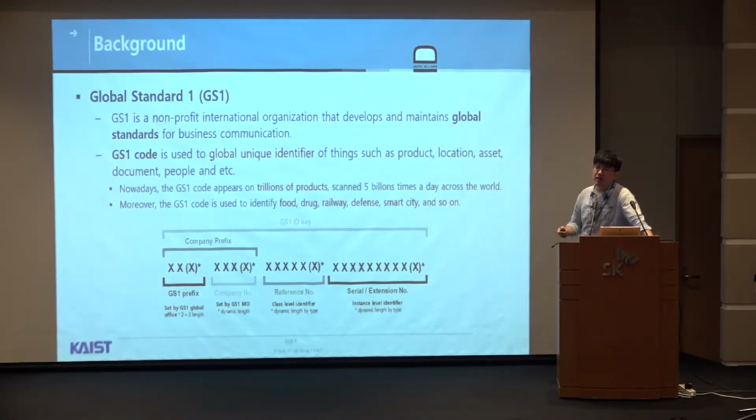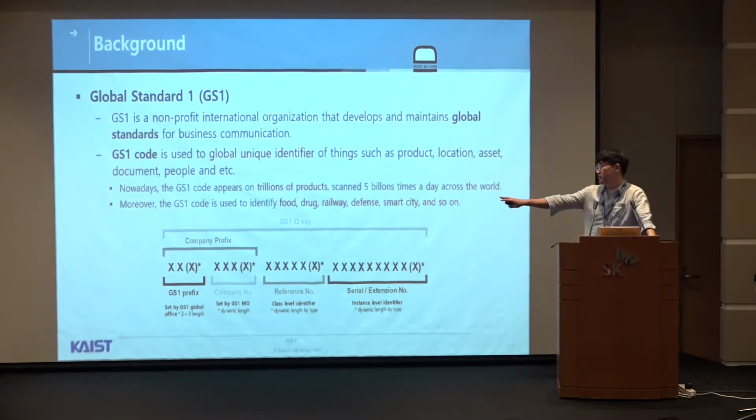You can see every barcode on a product is defined by GS1, and almost every product uses this GS1 code for distribution or for providing some service. And moreover, the GS1 code is used to identify food, drugs, railway, defense, smart city, and so on.